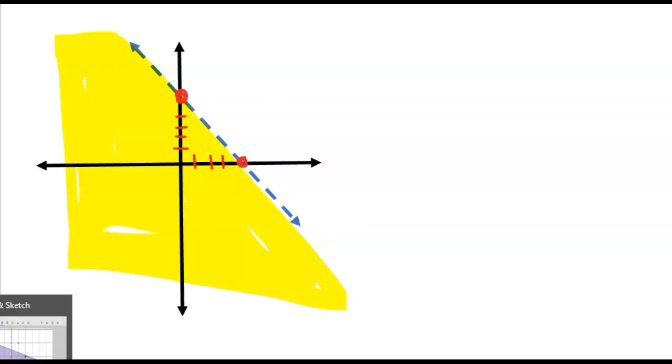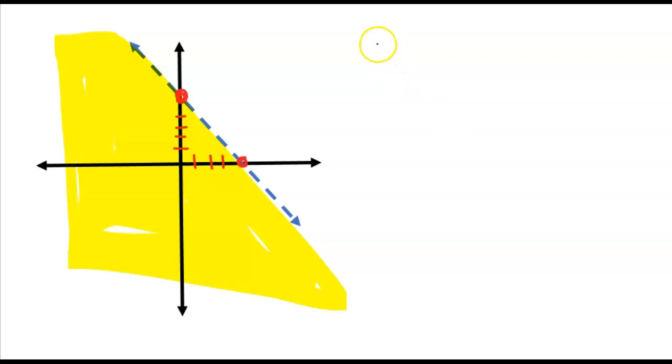The equation is going to represent this shaded in part of the graph, all of these points on the shaded in part. Well, we start with the line in y equals mx plus b form.